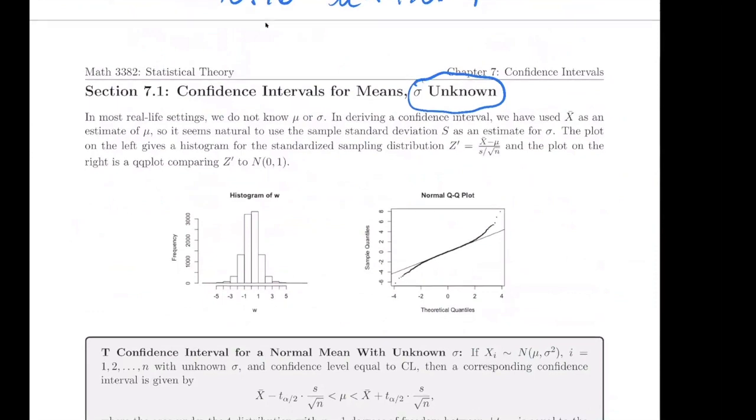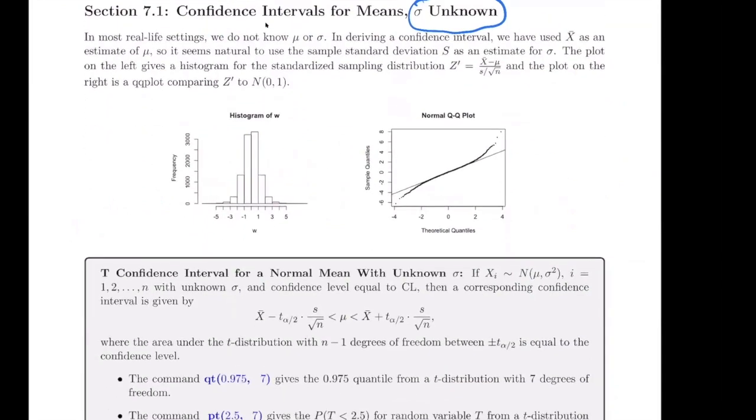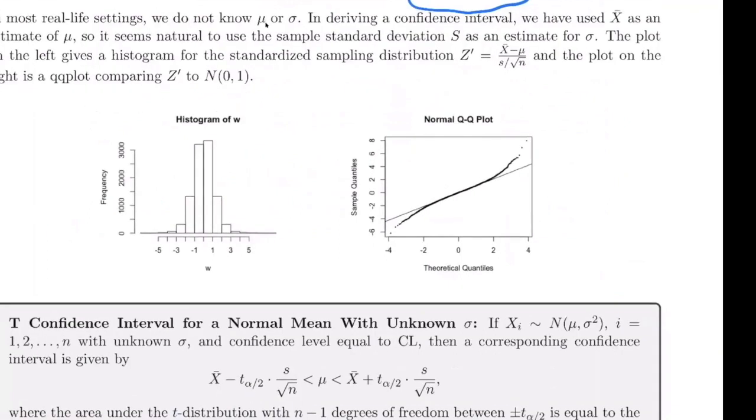And so what happens is when we do this process, there are going to be 2 changes we need to make. And one is maybe an obvious thing. We're not going to radically change that formula that we've been talking about. We're just going to use the fact that we can approximate the population standard deviation using the sample standard deviation.